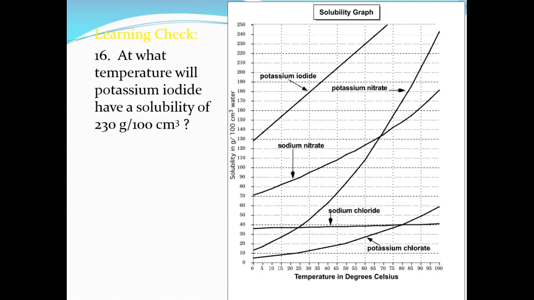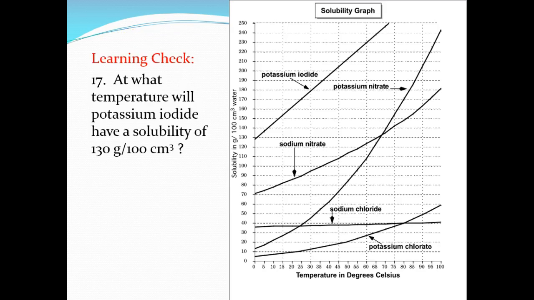At what temperature will potassium iodide have a solubility of 230 grams in 100 grams of water? So here's what this one looks like. You start at 130, you go find potassium iodide, and then you go down. Okay? It's 65 degrees Celsius. Hold on, that didn't sound right.